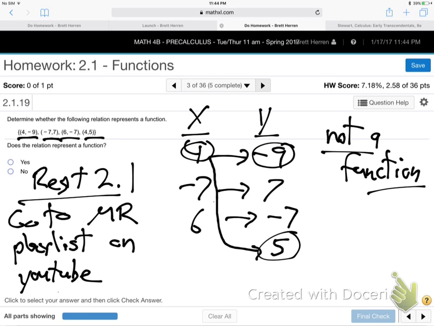You'll find the rest there. And so that's it.